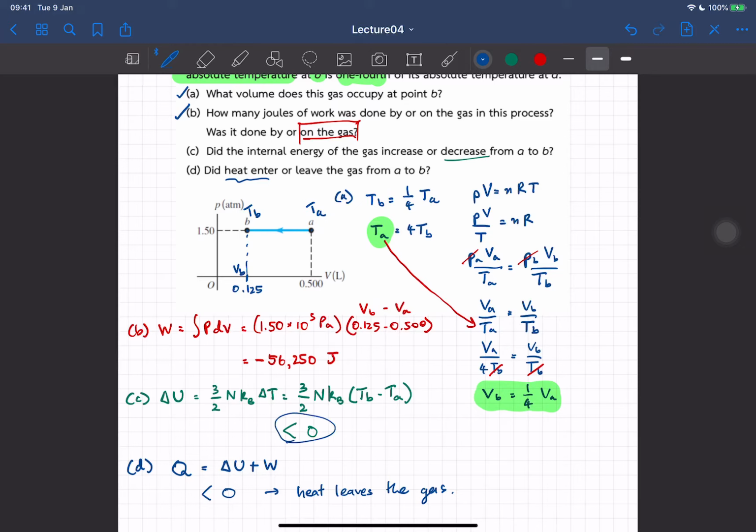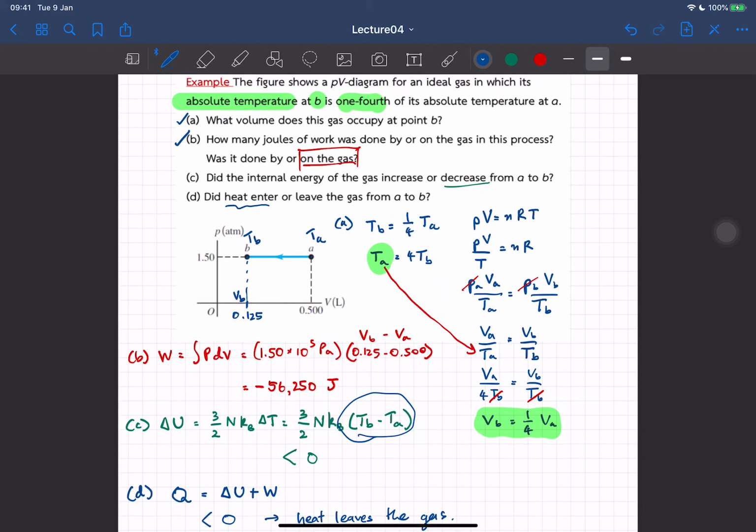How do I get less than 0 here? Because delta U is this in front, which is always positive. That's nothing going to change. So it depends on the change in the temperature, right? Essentially, asking the sign of delta U is the same thing as asking whether the gas is going to be colder or hotter once you reach the final point.